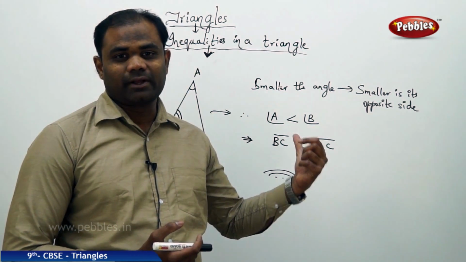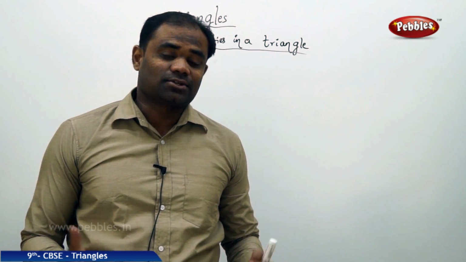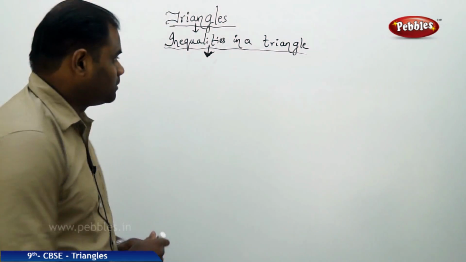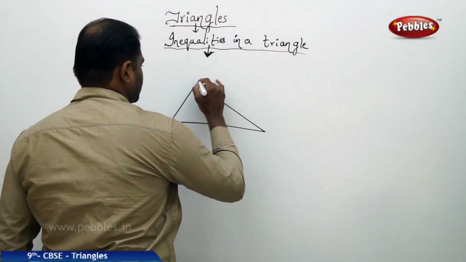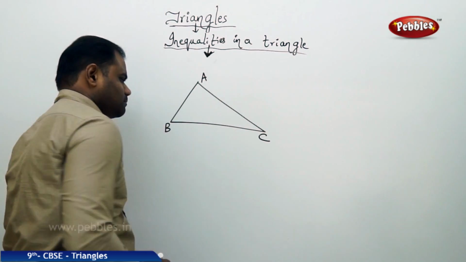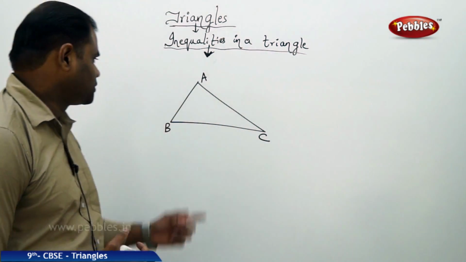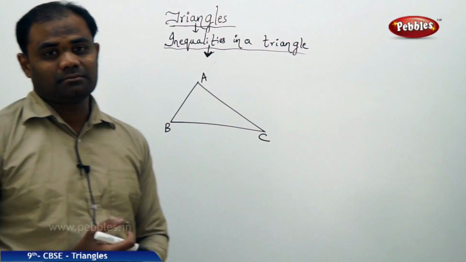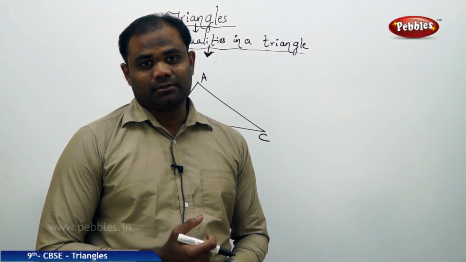Inequality in a triangle. Now let's see a property which connects the three sides of the triangle. Imagine I have a triangle ABC in which the three sides are AB, BC, and AC. So what is the property which connects all three sides in a triangle?